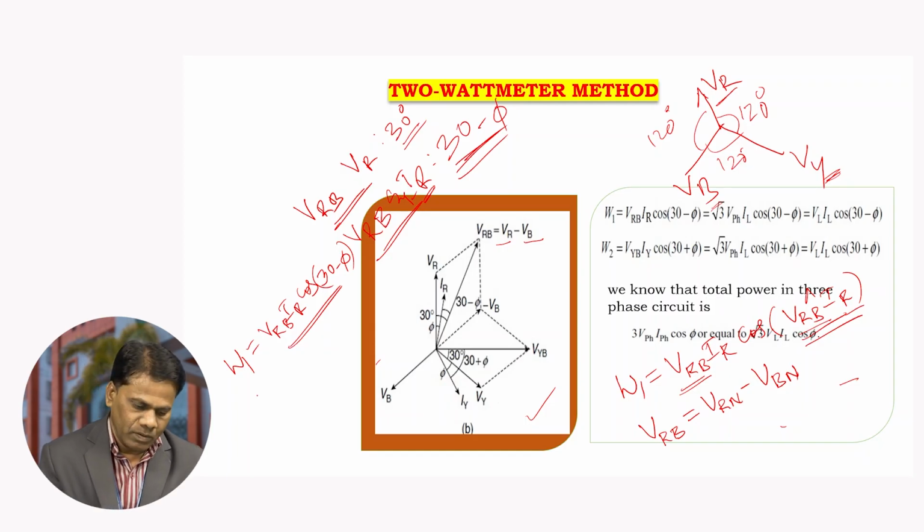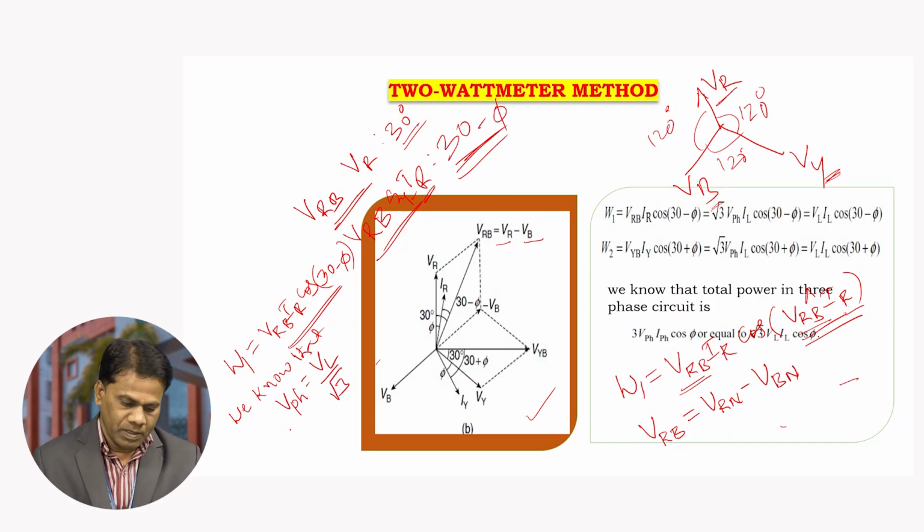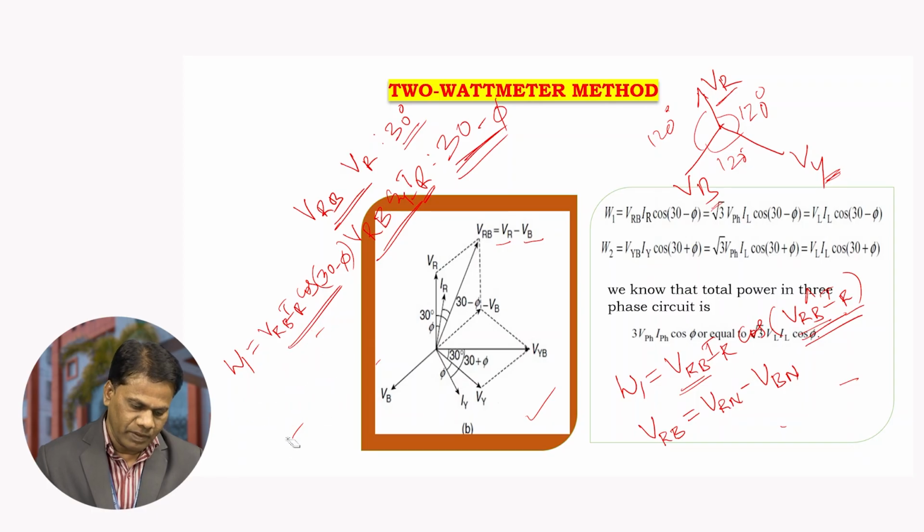In a star connected load, we know the relation between phase voltage and line voltage: phase voltage is 1 by root 3 times line voltage. Substituting in this equation, we get root 3 times V phase I phase cos of 30 minus phi.